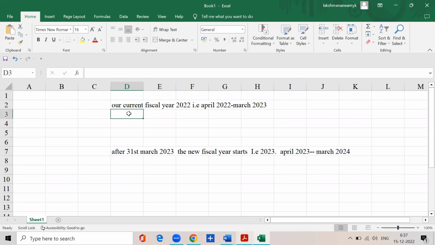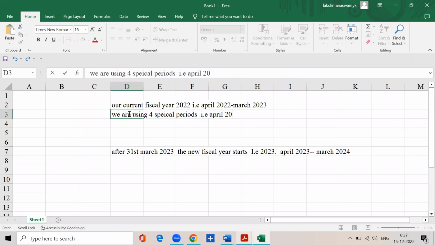Now, we are using 4 special periods. That is April 2023, May 2023, June 2023, and July 2023.